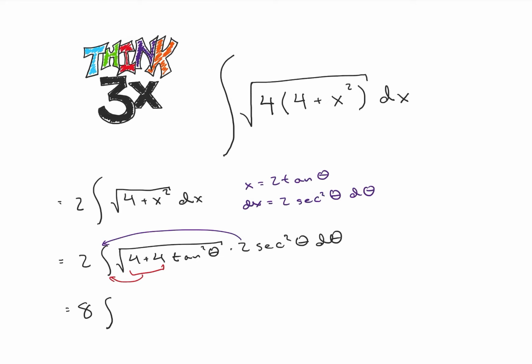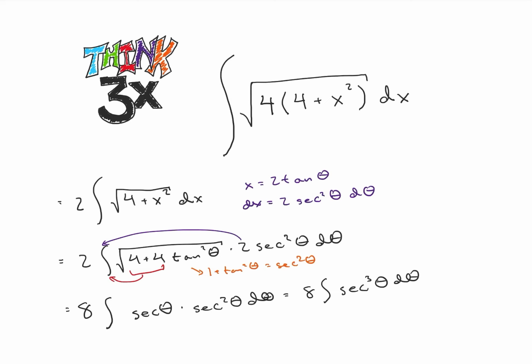Remember that 1 plus tangent squared is equal to secant squared of theta. That's the whole reason we do the trig substitution. So we're going to be left with just secant theta times secant squared of theta d theta, which is going to leave us with 8 times the integral of secant cubed of theta d theta.